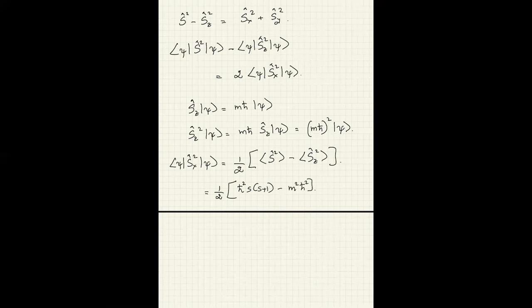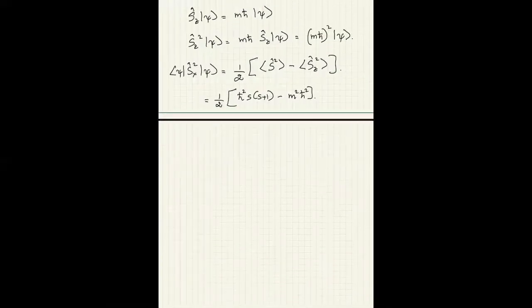That is the solution to this problem. The lesson you learn from this problem is something important about operators: the expectation value of an operator and the expectation value of the square of the operator are not very simply related. In fact, one is not the square of the other. This is something you should keep in mind.